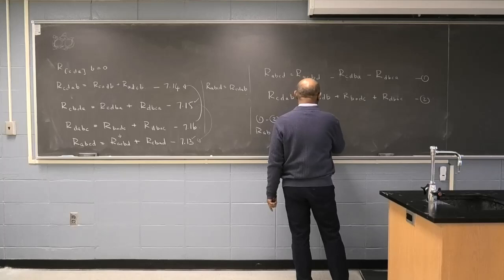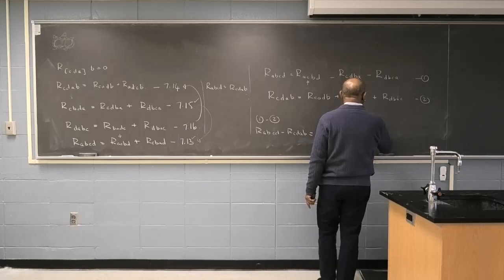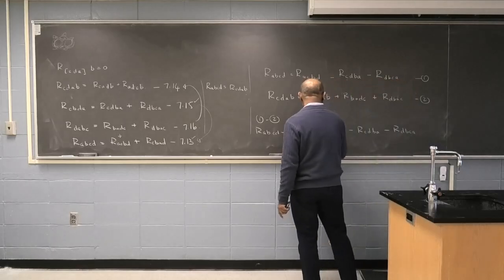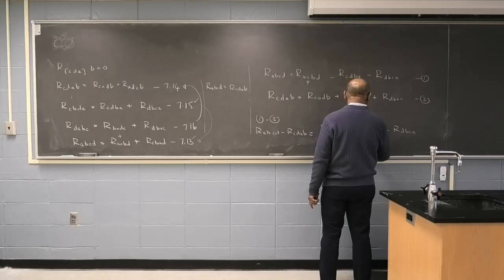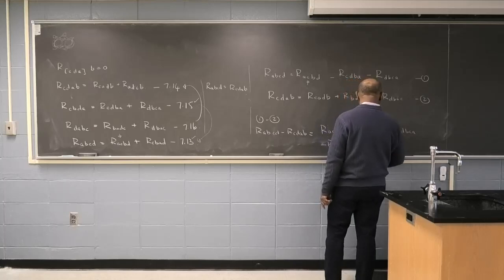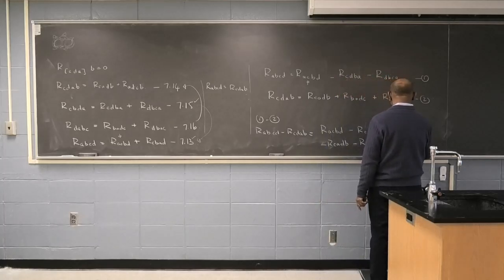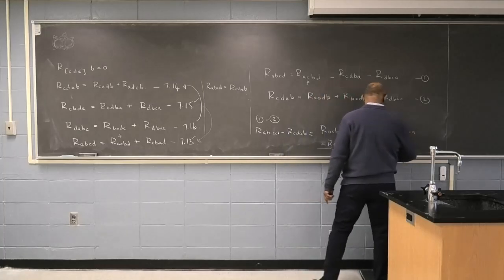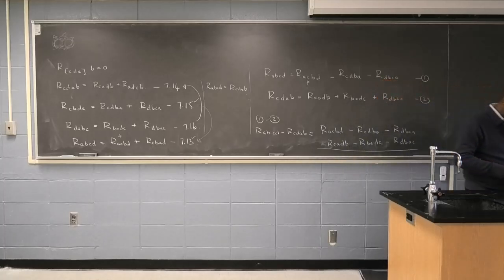So I would get R ACBD minus R CD. And you have to tell me what terms cancel. D, please make sure I'm copying it correctly, minus R CADB minus R BADC minus, I want.